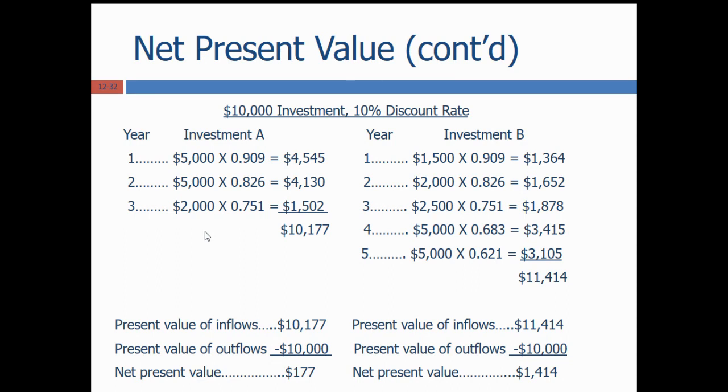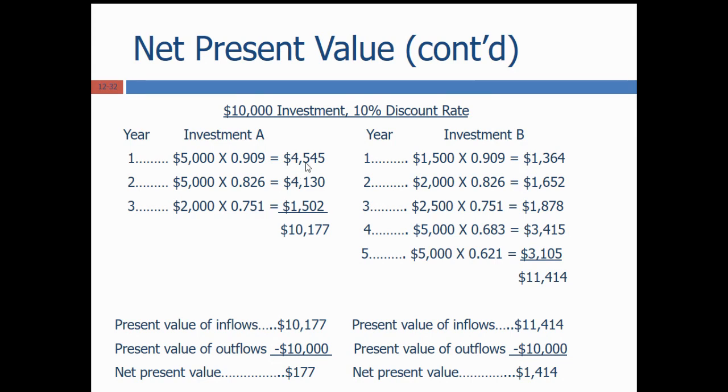Alright, so class, with 20%, you would be getting 0.833, here you get 0.694, and here you get 0.579.